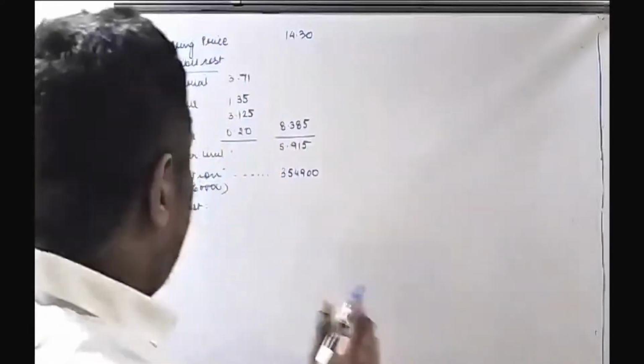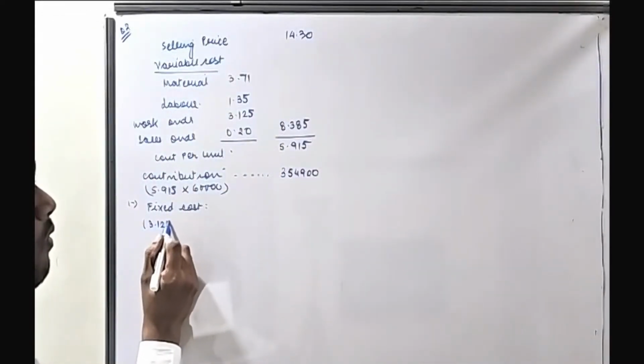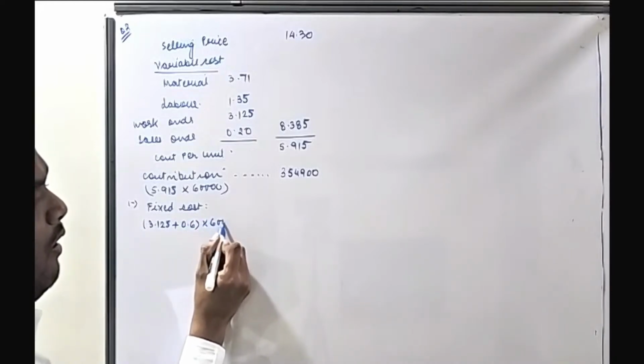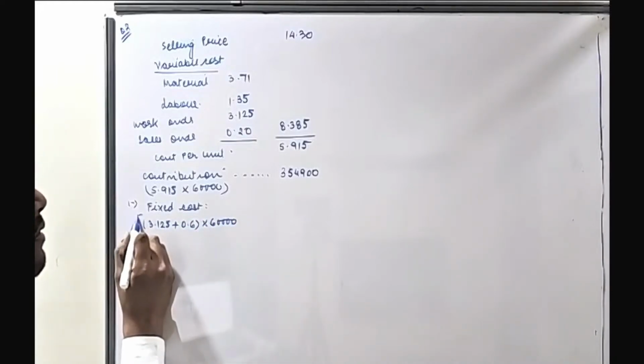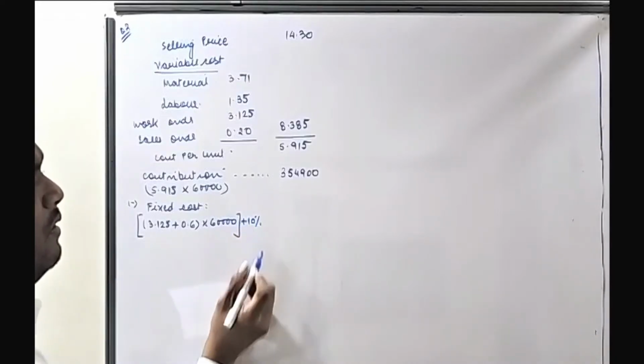It is 3.125 plus 0.6 into 60,000 plus 10%.